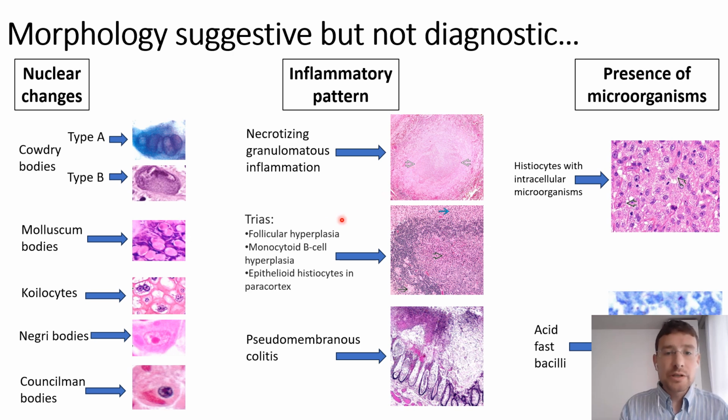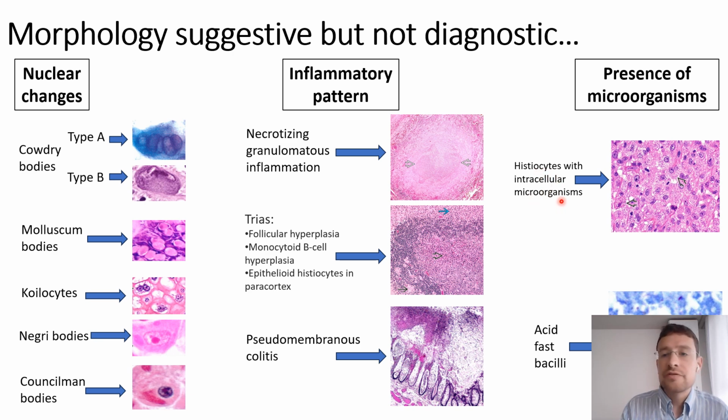Or lymph nodes, when you have these beautiful signs of follicular hyperplasia, B-cell hyperplasia, and epithelioid histiocytes in the paracortex, like here, which is suspicious for toxoplasmosis, but of course also here it is not diagnostic, it is suggestive. Or pseudomembranous colitis, again as another example.